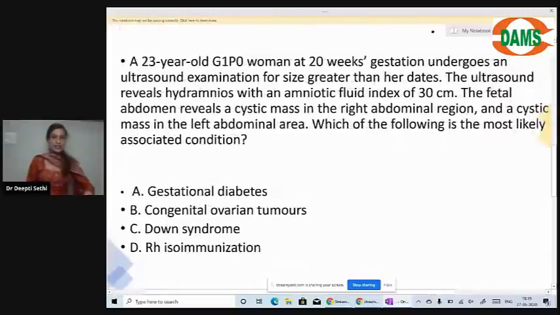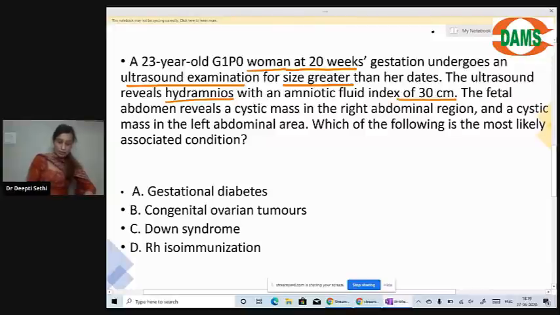Okay, so this is a 23-year-old woman. She is 20 weeks pregnant, right? And she undergoes an ultrasound examination because her uterine size was larger than dates. The ultrasound reveals hydramnios with an amniotic fluid index of 30 centimeters.